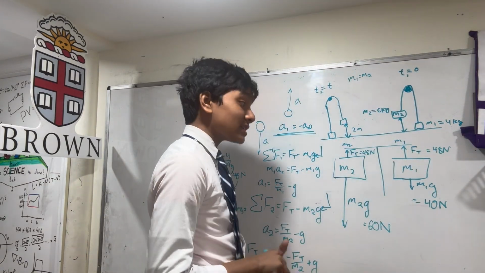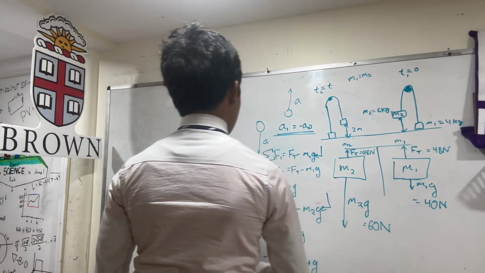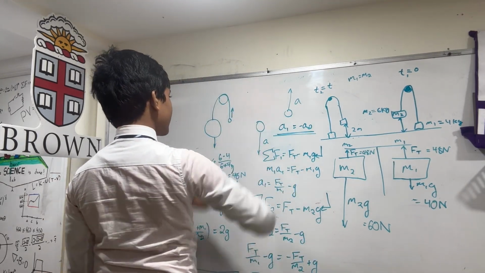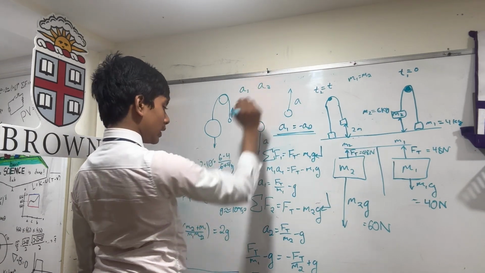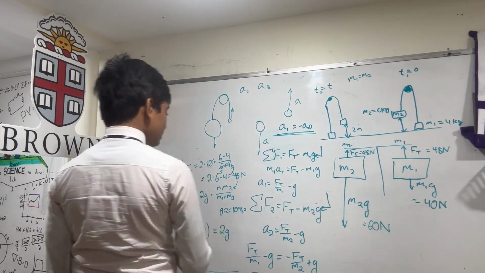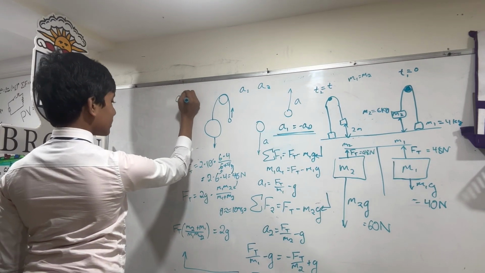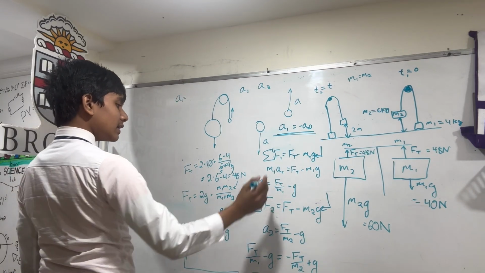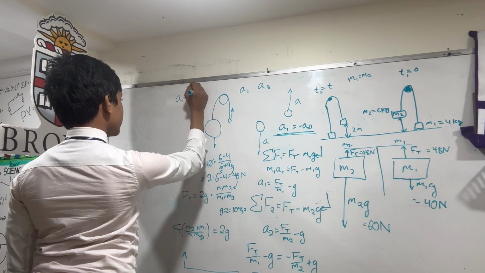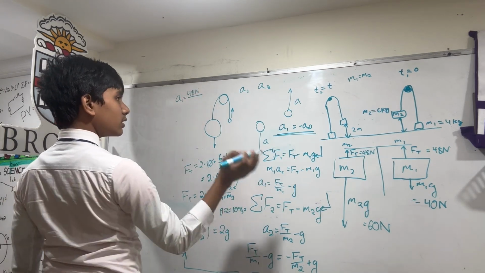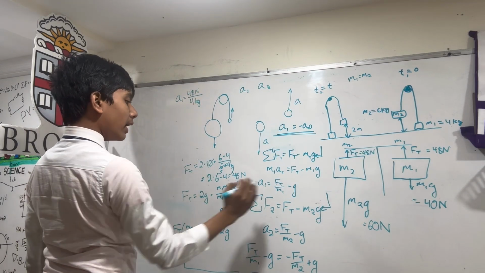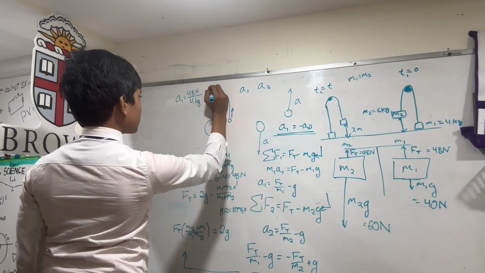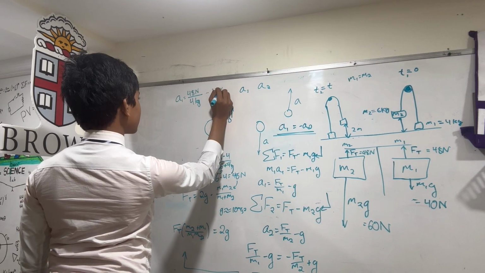So, what's the acceleration? Well, since the acceleration is the same for both sides, you can calculate A1 or A2 and it won't make a difference. Personally, I'm going to calculate A1. What's that going to be equal to? Ft, which we know is 48 newtons, over M1, which we know is 4 kilograms, minus g, which is 10 meters per second squared.